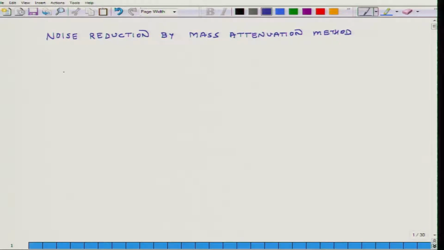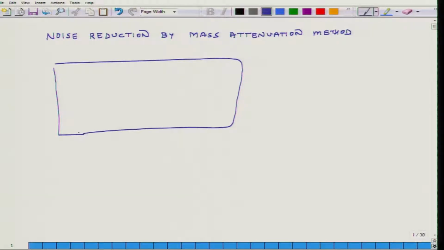Let us explain the problem. Suppose you have a big room and there is some machinery here which is emitting a lot of noise. So this is a noisy area, and you want that here there should be low noise. We desire that this area should have less noise. Then what do we do?